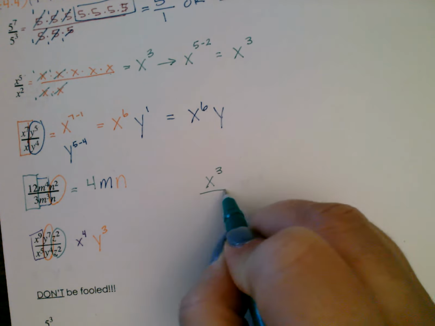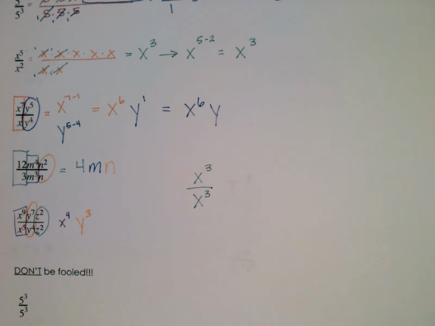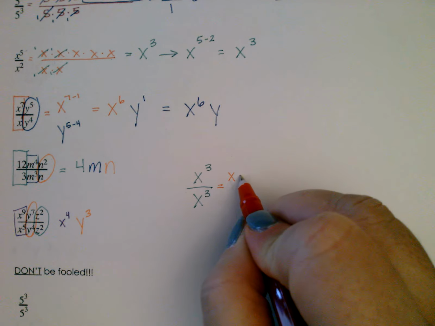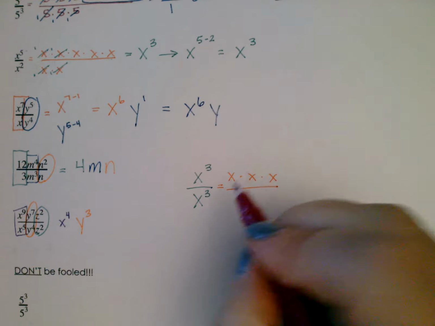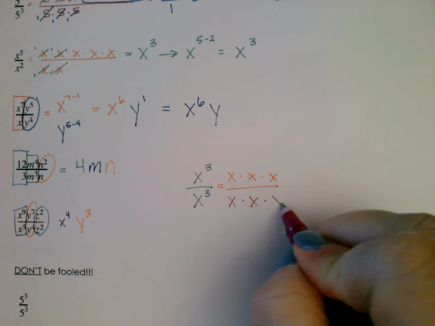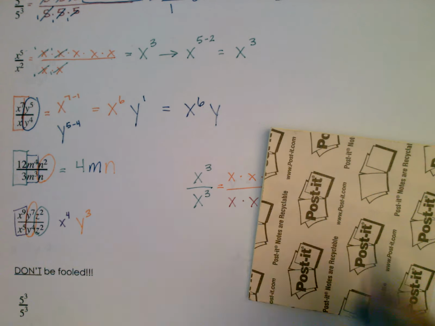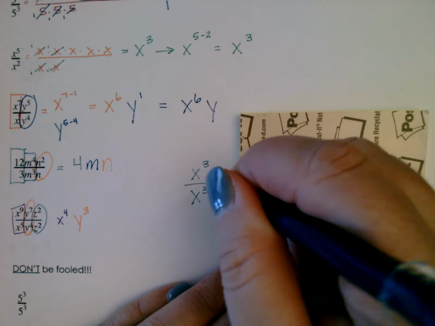Now I'd like to take a minute and talk about what you get when you take x cubed divided by x cubed. The answer is not 0. In the numerator, that's x times x times x. In the denominator, x times x times x. So let's simplify this one little step at a time.